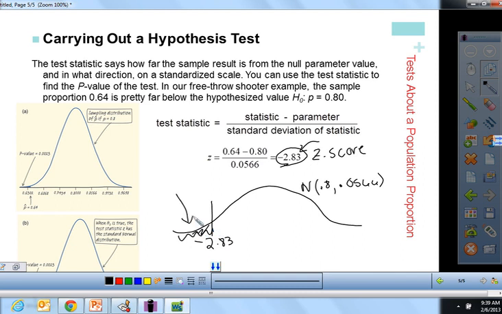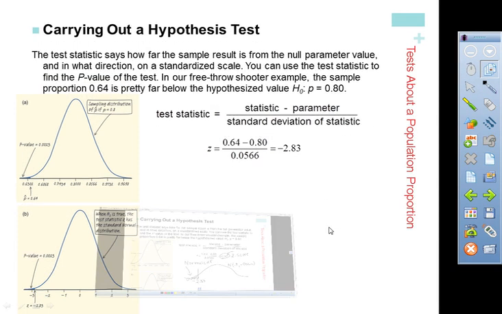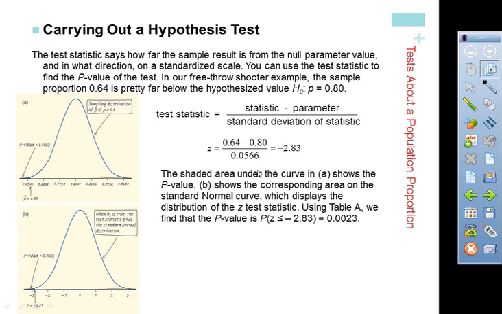If I want the area under the curve, which is a p-value, I'm going to have to use normal CDF here. Guys, I told you it's going to keep coming back. It doesn't go away. P-value is this area under the curve. You have to get this z-score first, and then you apply it using the mean and the standard deviation that you have of the assumed normal population. So the shaded area, and you go through that, and you get that this p-value happens to be 0.0023.